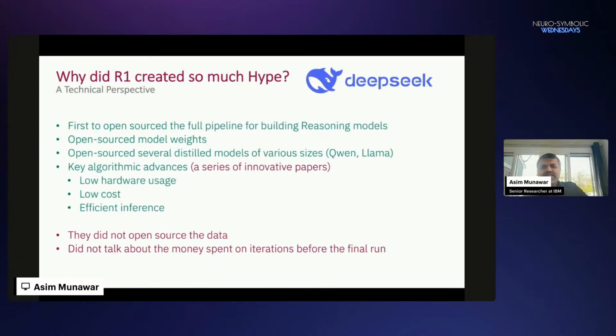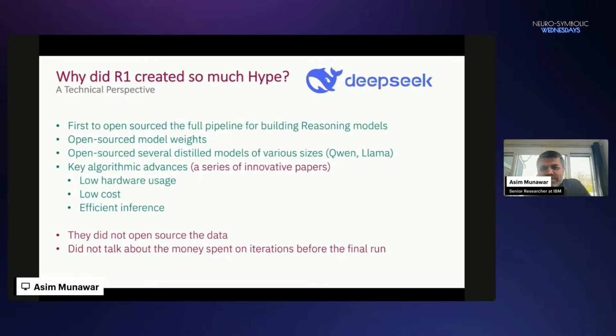And this brings us to DeepSeek and why DeepSeek created so much hype. I always say this is a technical perspective. It has nothing to do with how the market responded to this news, which was very strange for me.